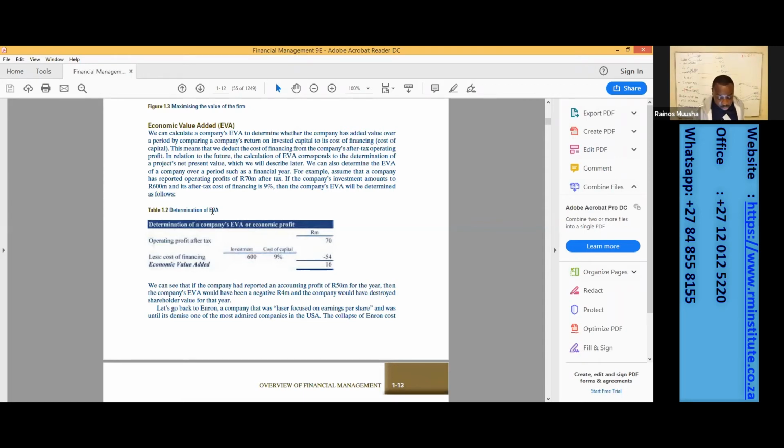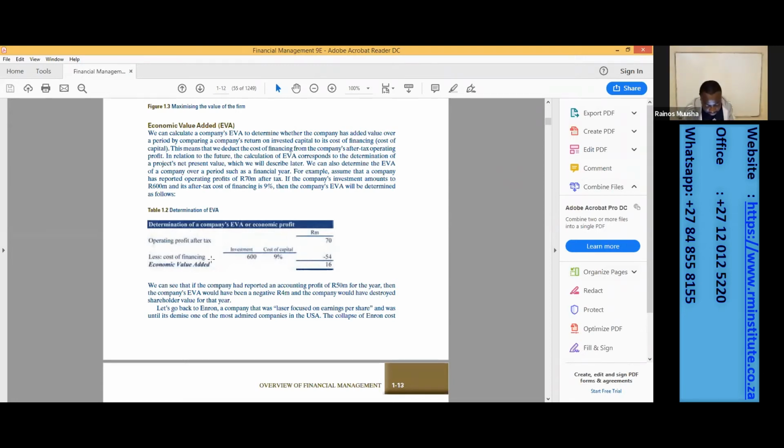One method that is used to find the value added on your projects so that you're able to maximize shareholders' wealth goes back to the economic value added model. In the economic value added model, your economic value added is given as your operating profit after tax minus your cost of financing. That gives you the economic value added for a particular period.